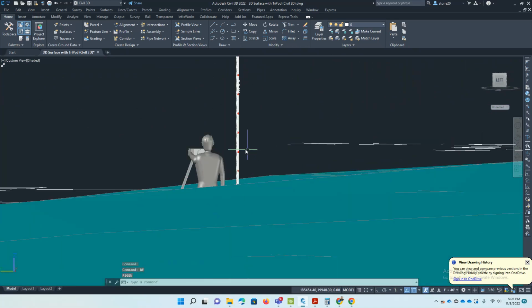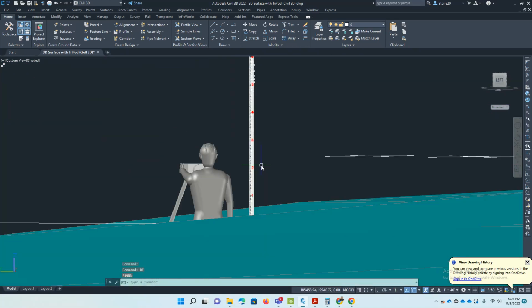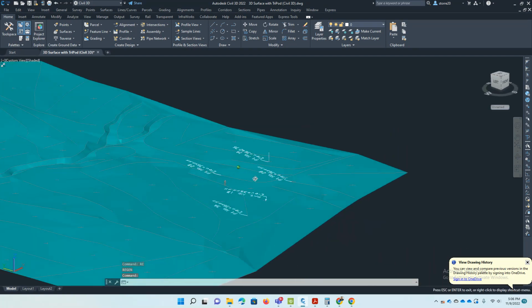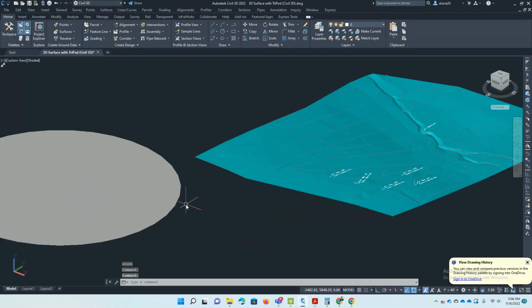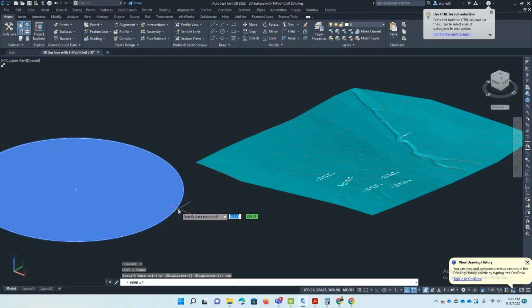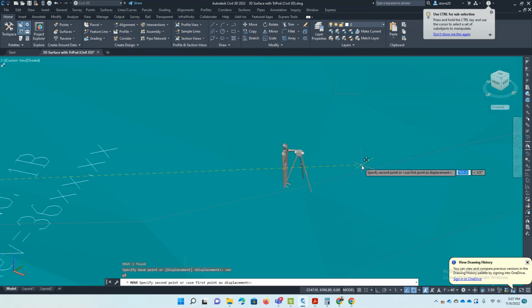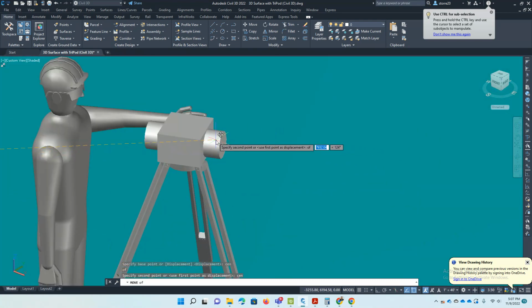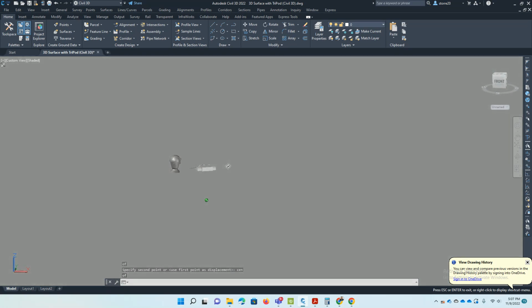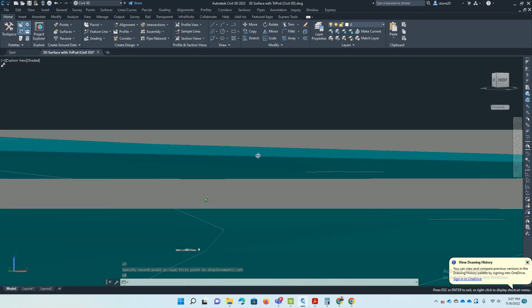Okay. So we're going to take that reading to establish the HI. To understand the HI, I'm going to use this disk. This is your HI. I'm going to move that from the center here to the center of the level, right there. Remember that the level has been leveled. It's perfectly flat. So anywhere that I'm observing right now, that's going to be the HI.